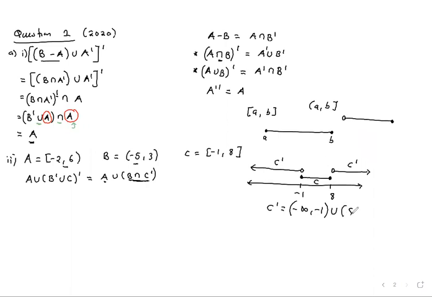Again, 8 can't be found outside C because it is in C, all the way up to infinity. So this is C complement. You now intersect it with B. So what is B intersection C complement? B is here, -5 to 3. Intersection, we pick -infinity to -1, union 8 to +infinity.